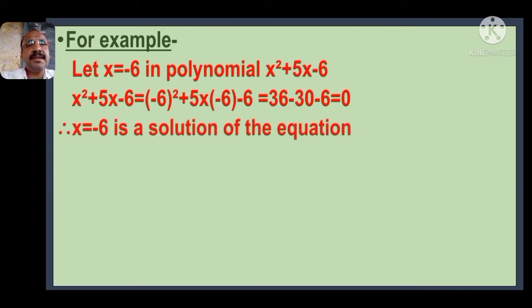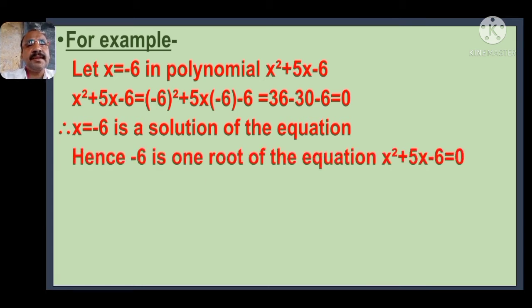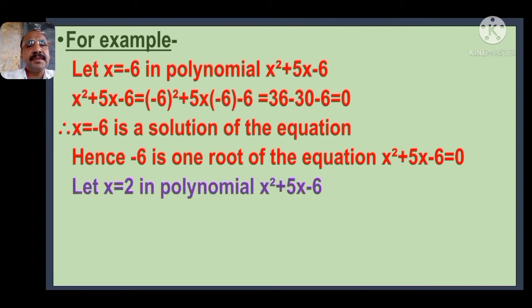Therefore, x + 6 is a factor and -6 is a solution of the equation. Hence, -6 is one root of the equation x² + 5x - 6 = 0. Let x = 2 in the polynomial x² + 5x - 6.